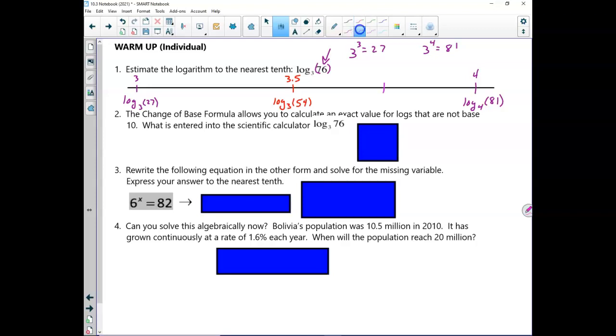So if I went in the middle of that, I know the middle of 3.5 and 4 is going to be 3.75. And I would expect that to be a log base 3 of what's in the middle of 54 and 81. Between that would be like 67.5. And I know 76 is between 67.5 and 81.